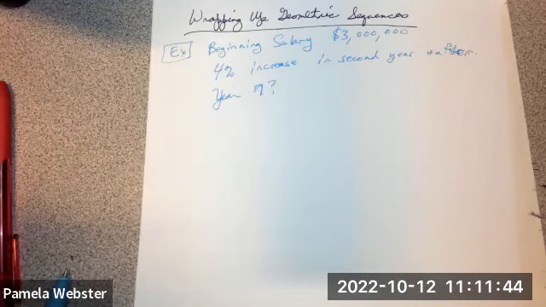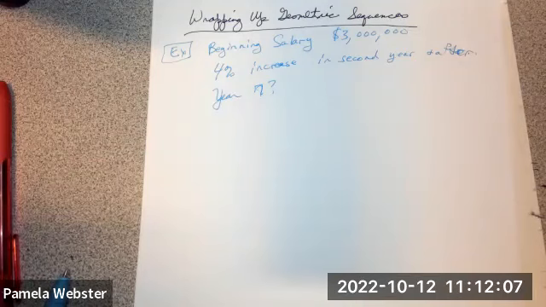When I look at this, I see 0.04 as a percentage. That means I'm multiplying, so we're in a geometric sequence, not the arithmetic one we looked at before.